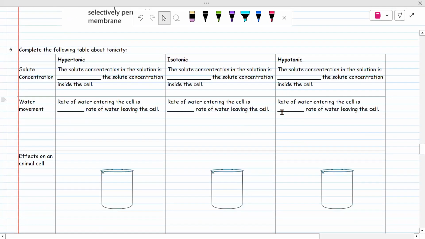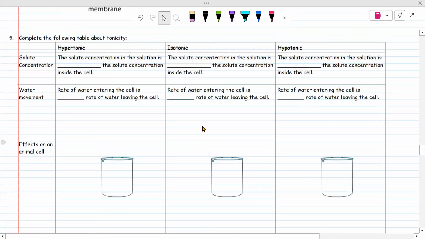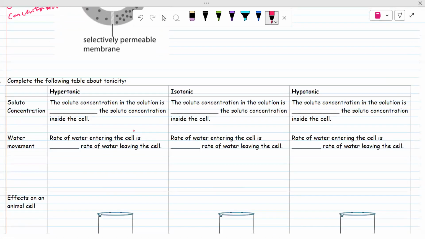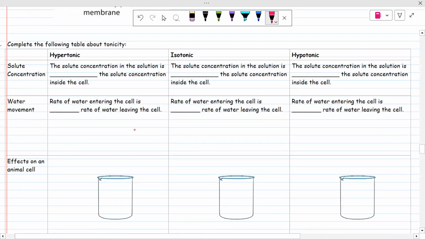Okay, this stuff, let's take a look. So first we have hypertonic here. Hypertonic: the solute concentration in the solution is blank the solute concentration in the cell. If it's hypertonic, is it higher or lower? Higher, that's right.